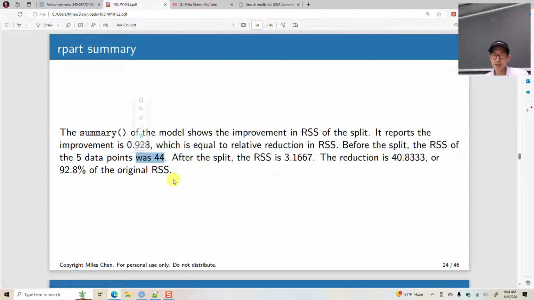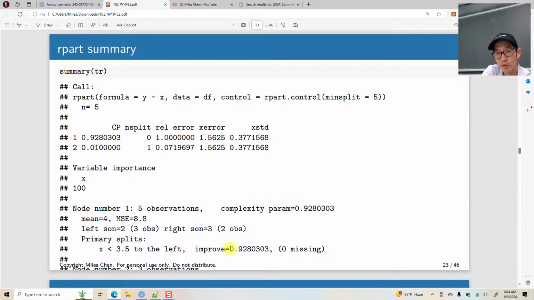The RSS of our 5 data points was 44. If you just predict 4 for everybody, your residual sum of squares is 44 in total. After you do the split, your residual sum of squares is only 3.1667. So it reduced 40.833, or a reduction of 92.8%. So that's where this improvement of 0.928 is calculated.